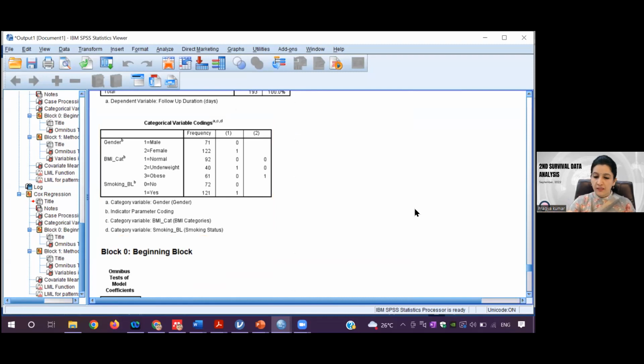So female is 1. Here the male is the reference, and here the normal is the reference. You may write it somewhere, because again we have to come down. In JAMOVI, it gives you the name, so there is no problem. But in SPSS, you have to see the coding. And no smoking is the reference. So male gender, no smoking, and the normal BMI are the references.